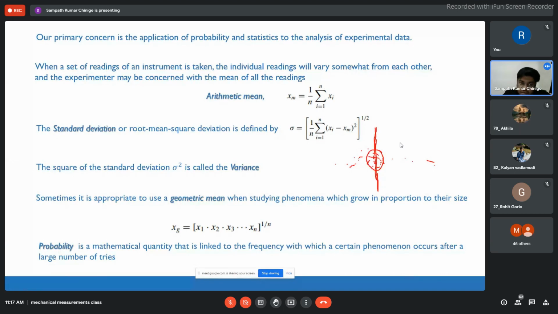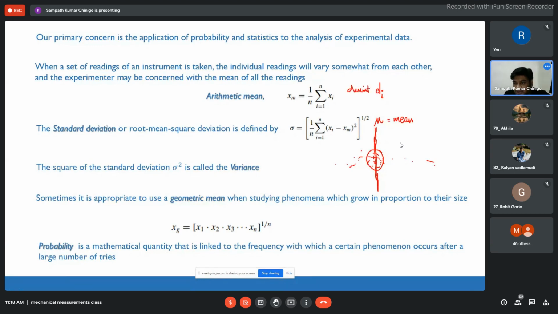Now, I'm also defining another term called deviation. Now I have got the central value or the mean value, which we will generally denote by mu, this is nothing but your arithmetic mean. So now I'm trying to find out the deviation, di, or the individual error.